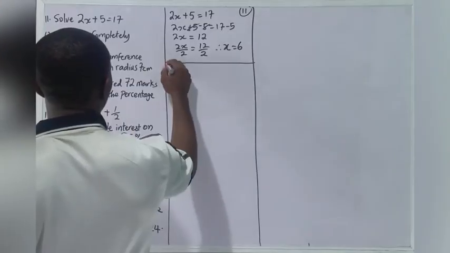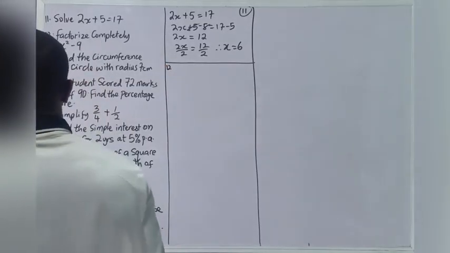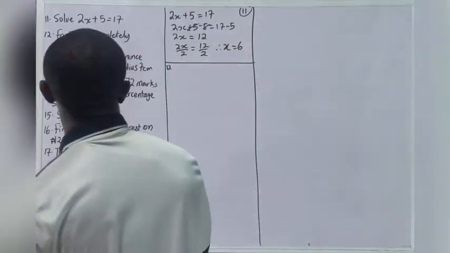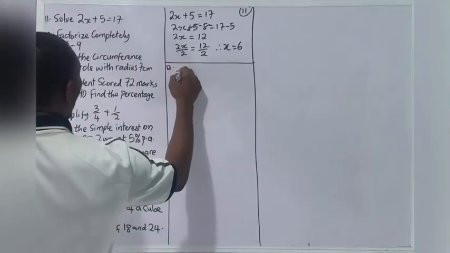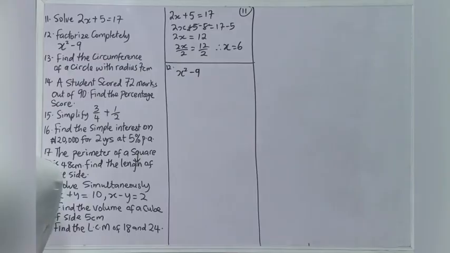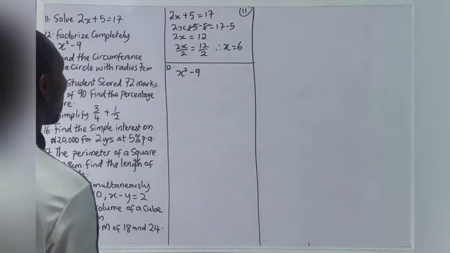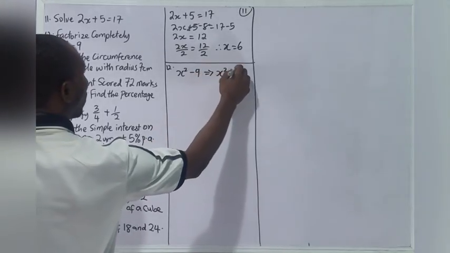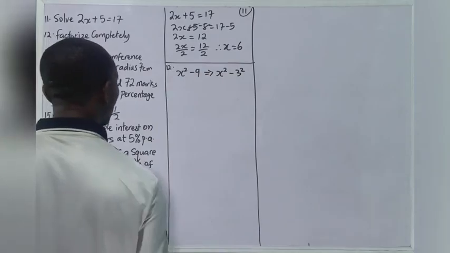Okay, so for question 12, we have it as factorize completely. Now, if we are factorizing completely, we have x squared minus 9. Looking at this, we can change this to become x squared minus 3 squared.